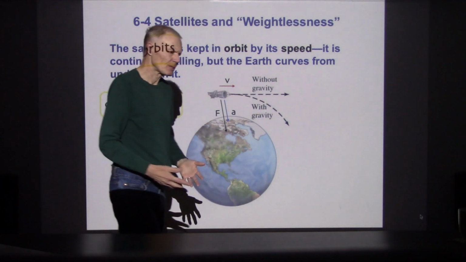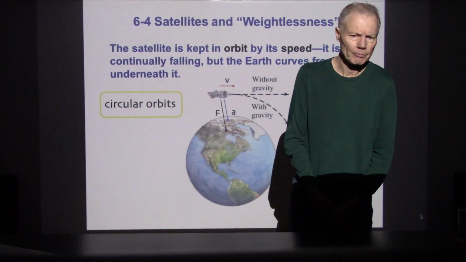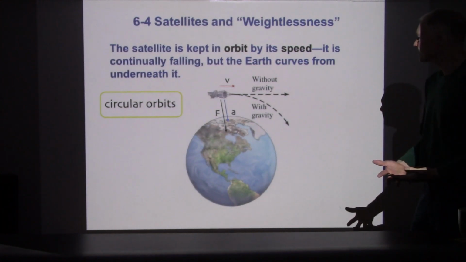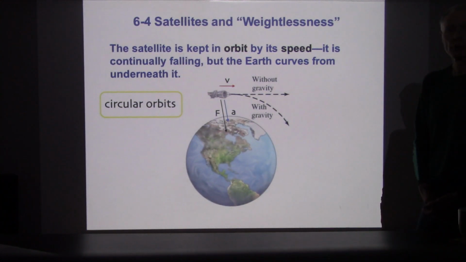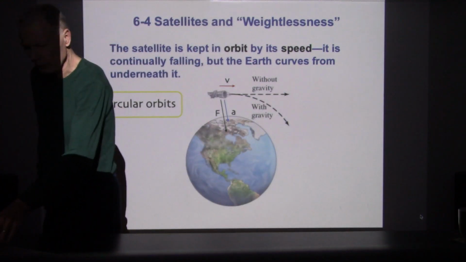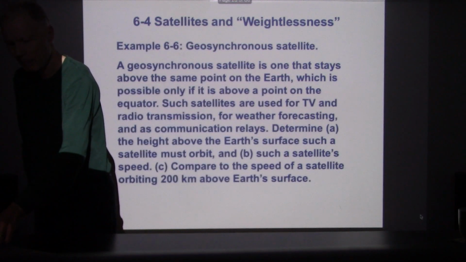Now the orbits don't have to be circular, they could be elliptical, but we want to look at the simplest types of orbits, and those are the circular orbits. The ellipticals involve a little more complexity.